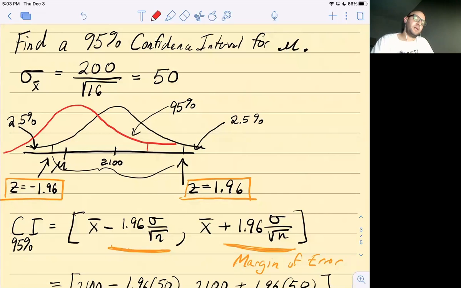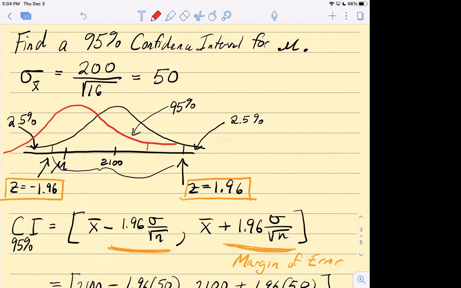So you can say, well, therefore I want my confidence interval to be things that are 1.96 standard deviations plus or minus from 2100. So this idea might make sense.